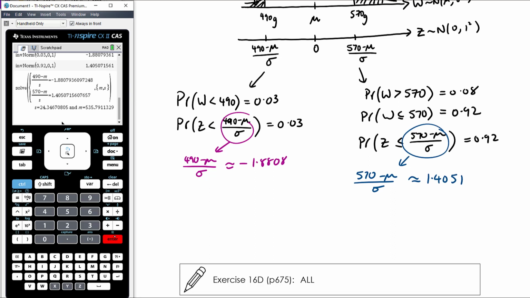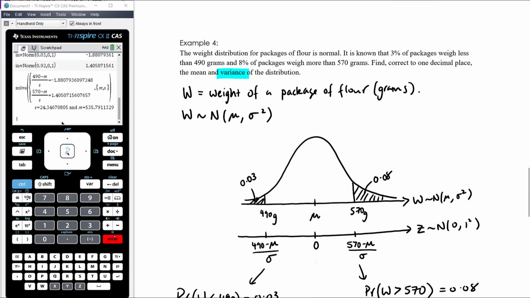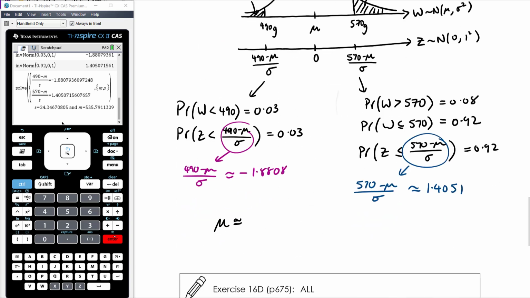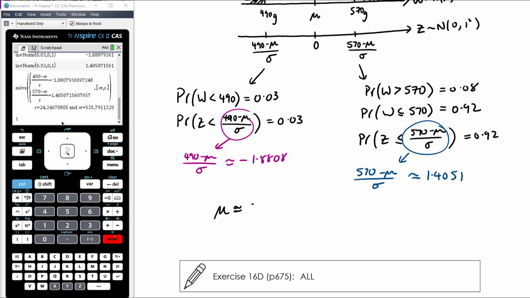And then we find from this that the mean is approximately equal to, now what level of accuracy do we want? 1 decimal place. So the mean is approximately equal to 535.8 grams. And the standard deviation is approximately 24.347 grams.